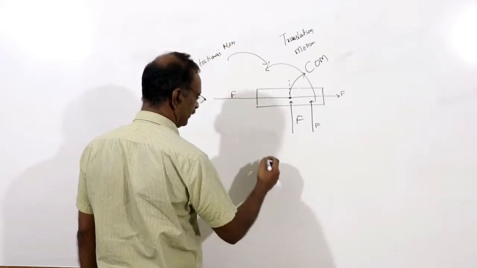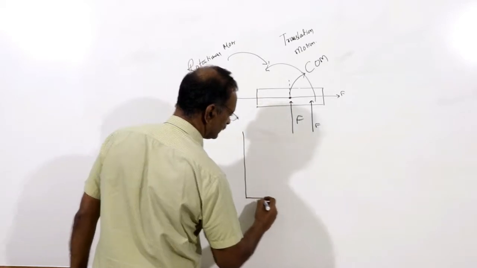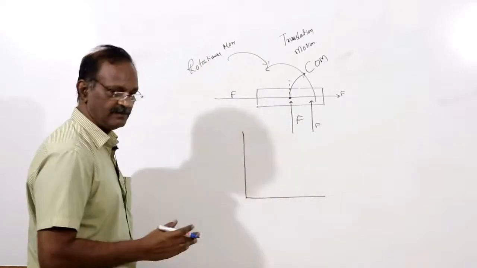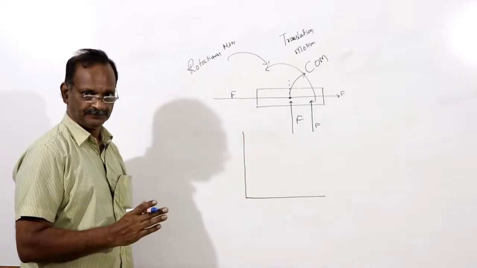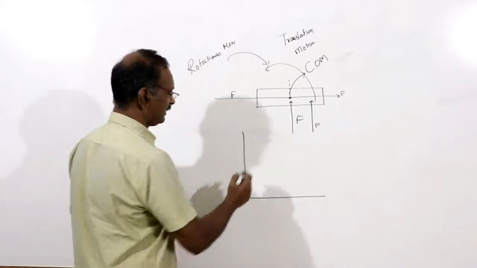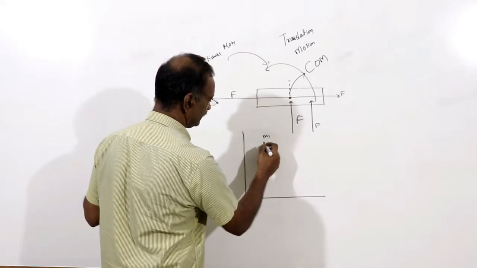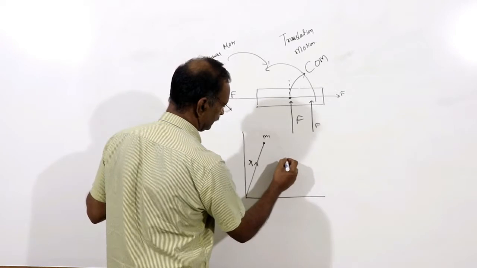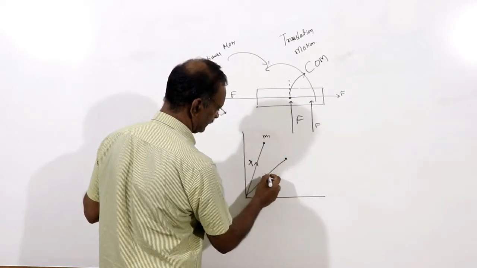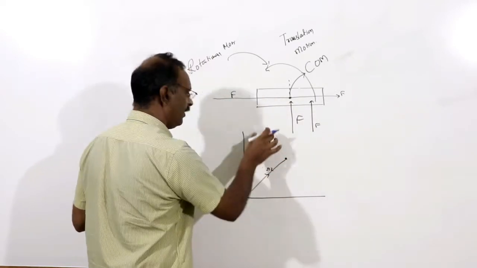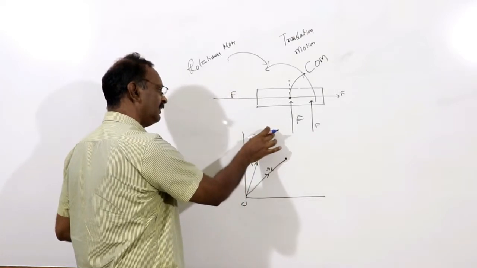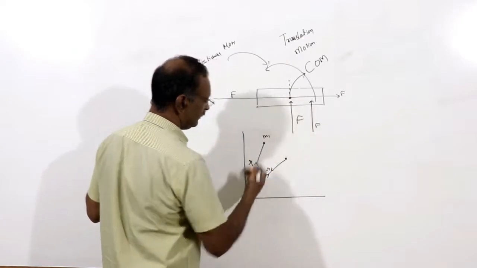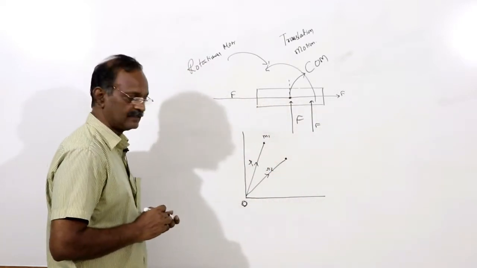What is the center of mass? The center of mass is the point at which the masses of the particles are considered: M1 at a distance R1, M2 at a distance R2, and so on. The position of this particle M1 with respect to the origin is called the position vector in vector algebra.